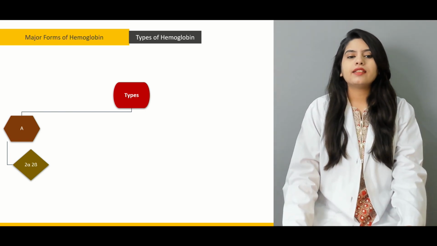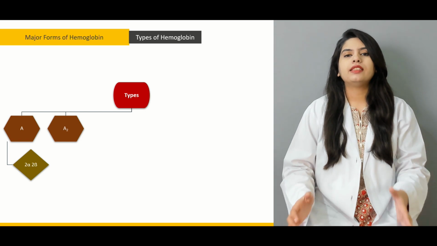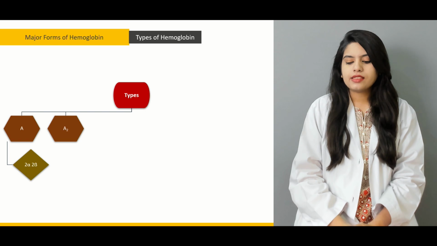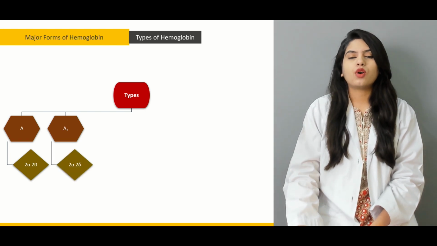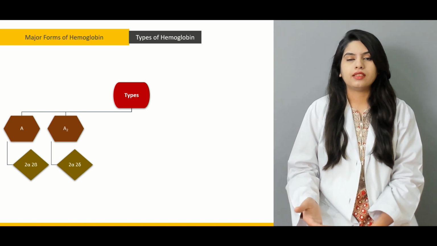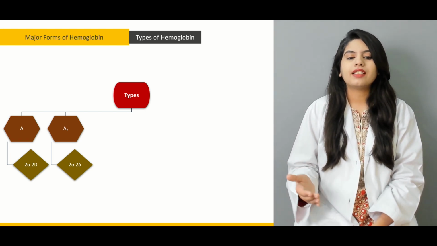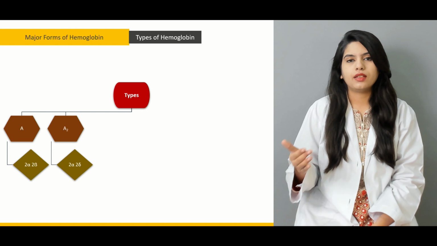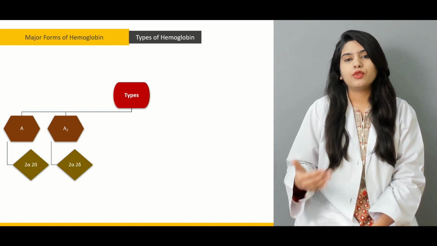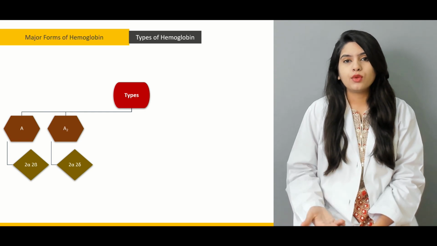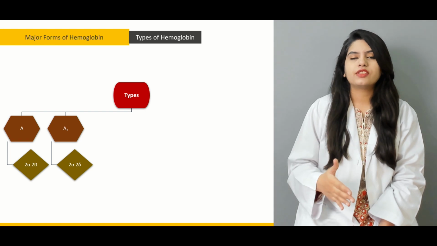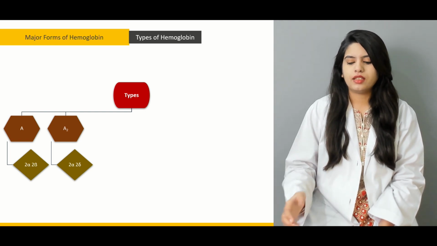Then there is another type of hemoglobin, the type A2 hemoglobin. This type consists of 2 alpha chains and 2 delta chains. This delta chain can be seen in children during early childhood, before the age of 6 months.